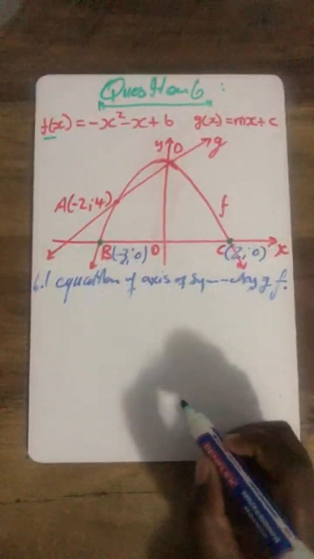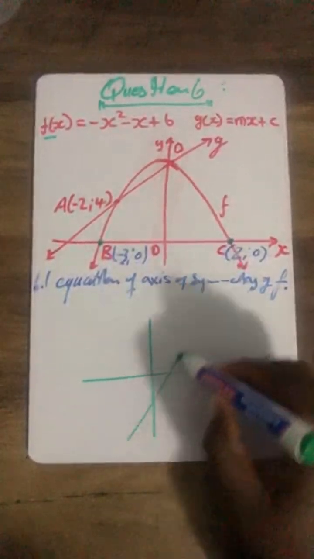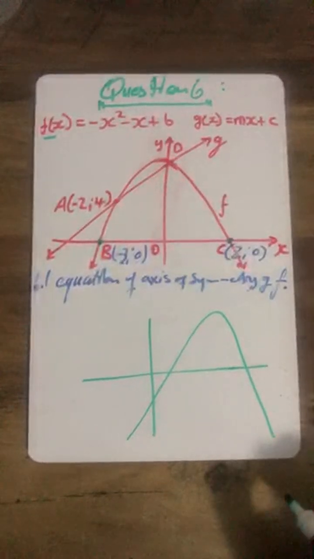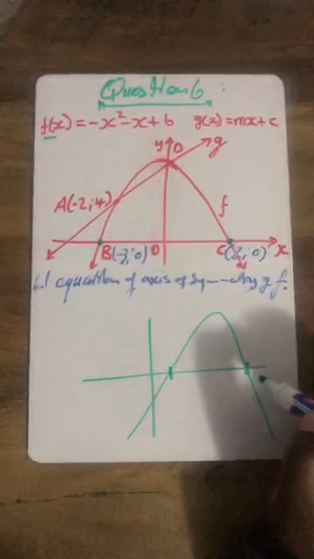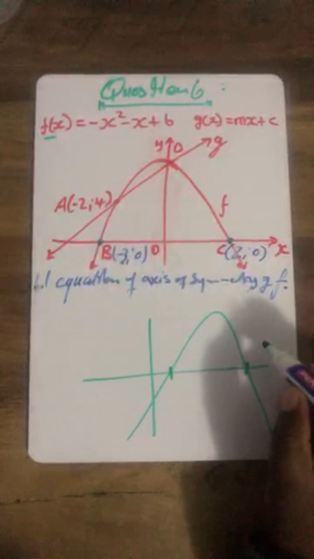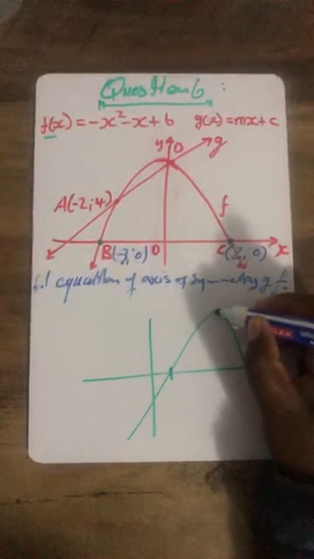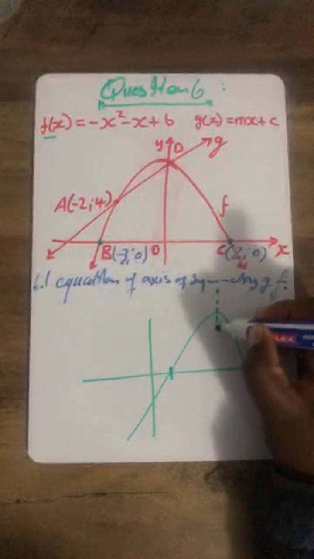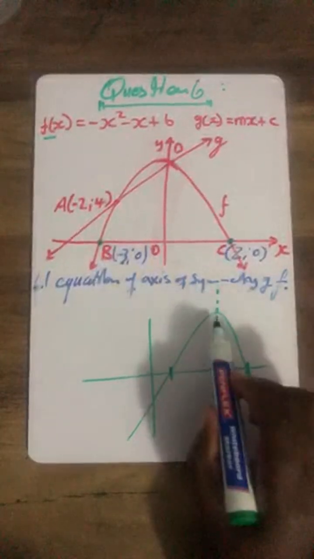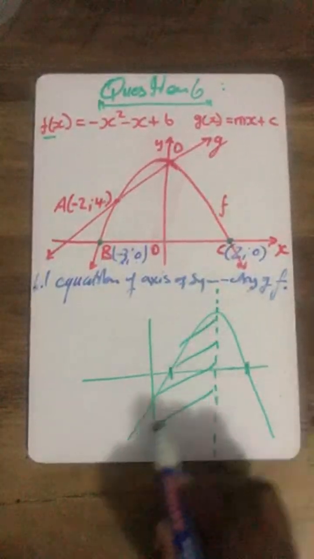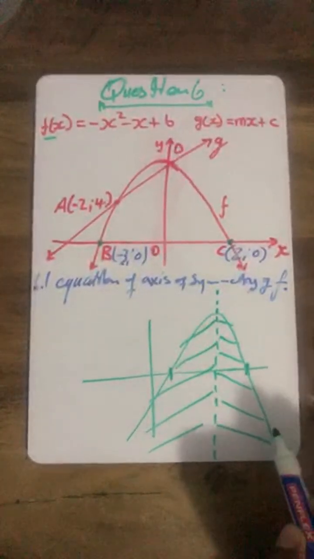a tip on this one. If you have a Cartesian plane, let's say you have that. Whatever the values are, you must just know that the line of axis of symmetry will always cut the turning point, such that this side is exactly equal to that side.